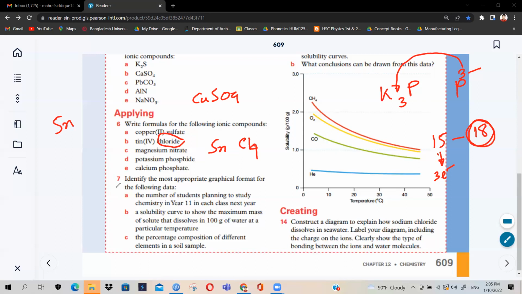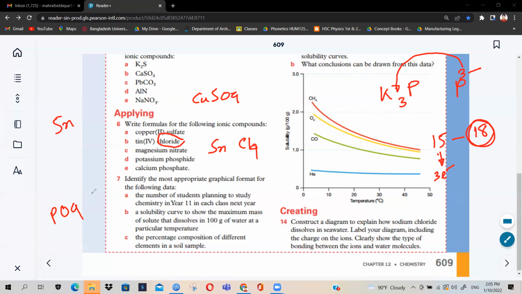And what will be for calcium phosphate? PO4. PO4 is phosphate. What is the charge for PO4? See, I told you a particular method.